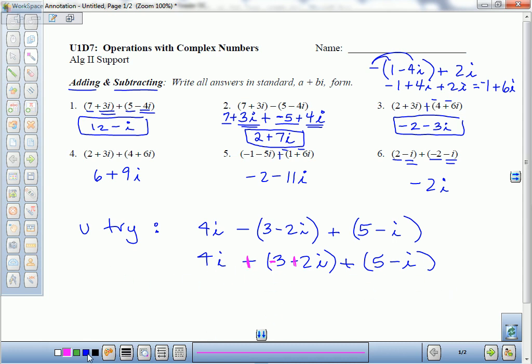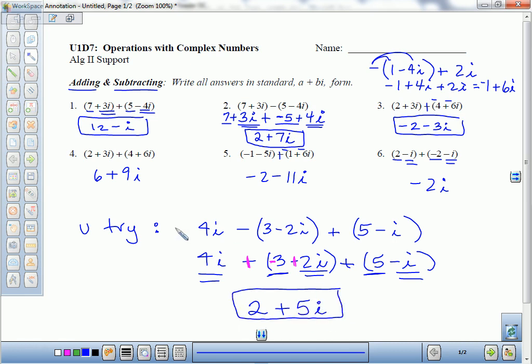So once I get all addition, I just add the real parts. Negative 3 and positive 5 is positive 2. And then 4i and 2i and negative i. So 4 plus 2 is 6, minus 1 is 5. And so the result is the complex number 2 plus 5i.